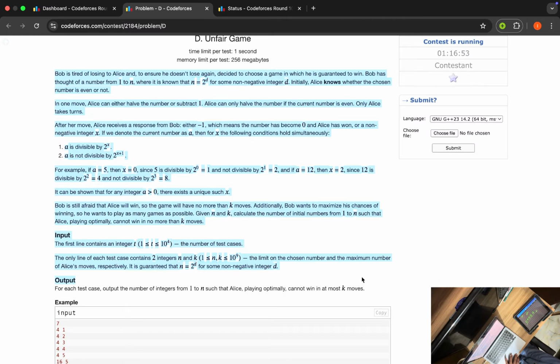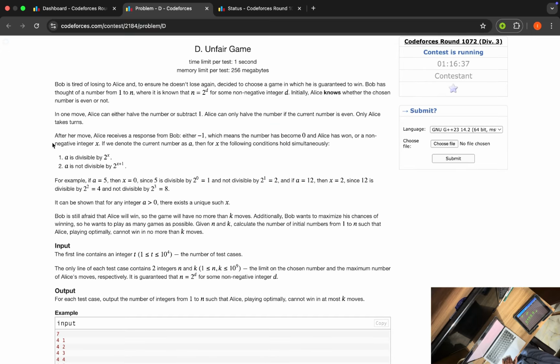From this whole question, I can understand one thing: she can just know the value or do a -1, and Bob just gives her a value x, something about the power of two.